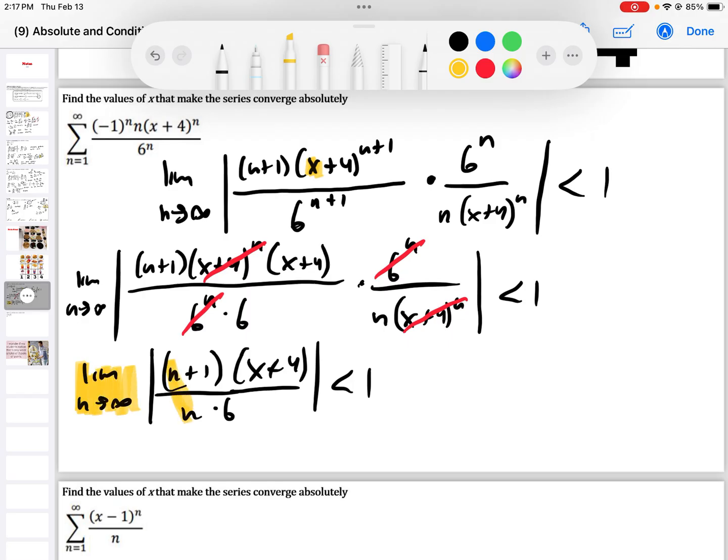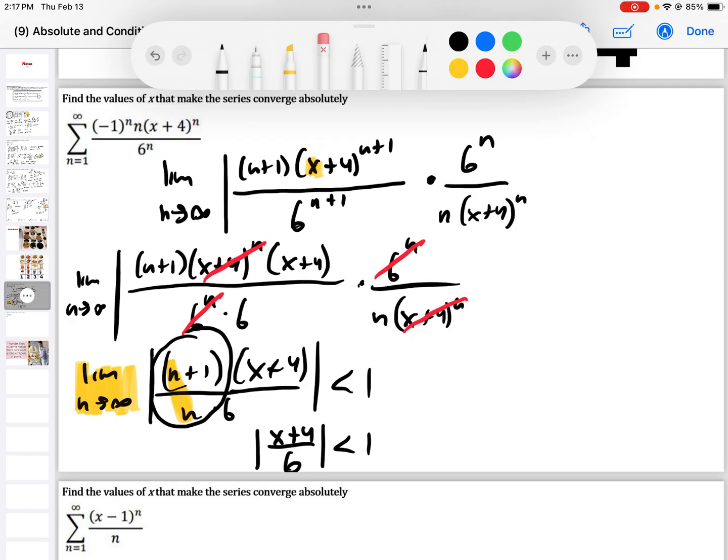Now I look at the limit as n goes to infinity. As n goes to infinity, what are we left with? We are left with the absolute value of x plus 4 over 6, because infinity plus 1 over infinity is basically 1. So the n's are gone, and I'm left with this absolute value inequality.